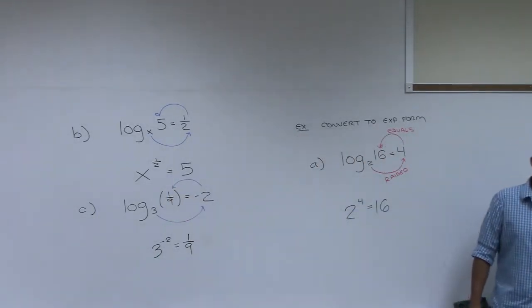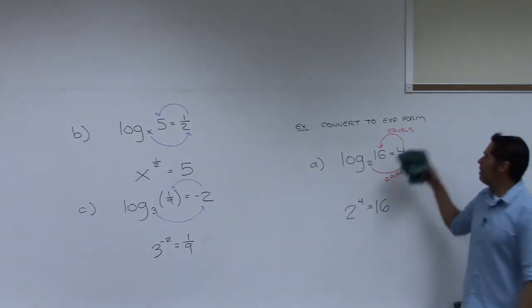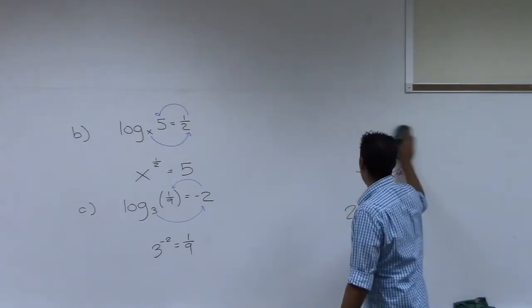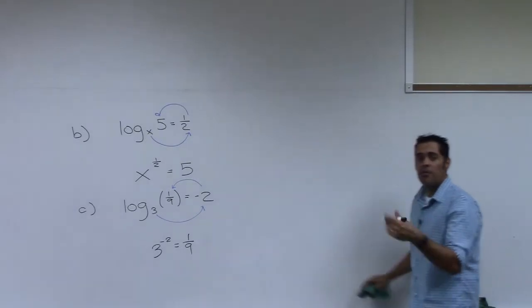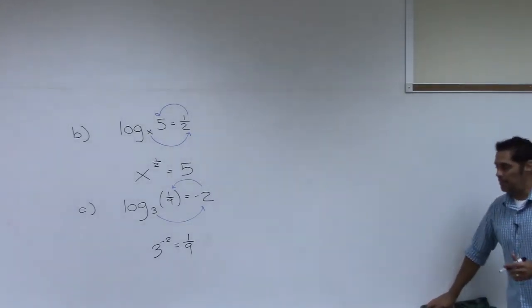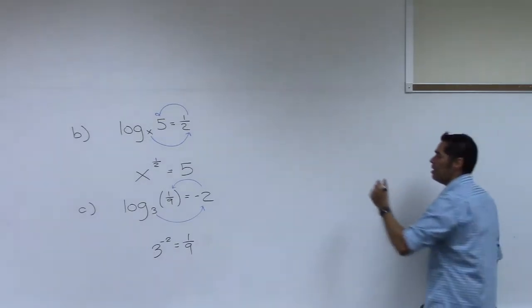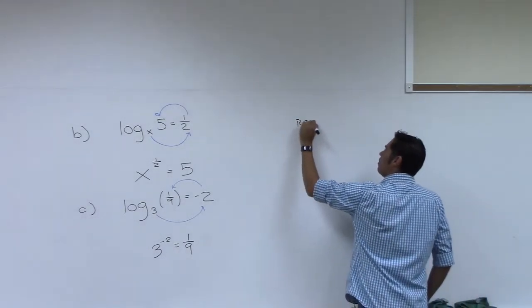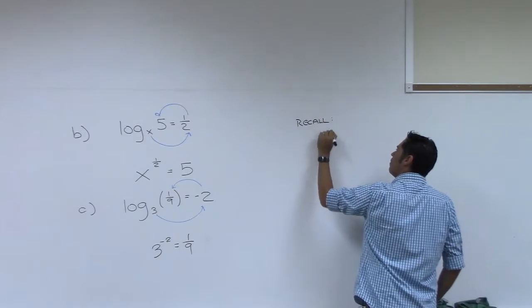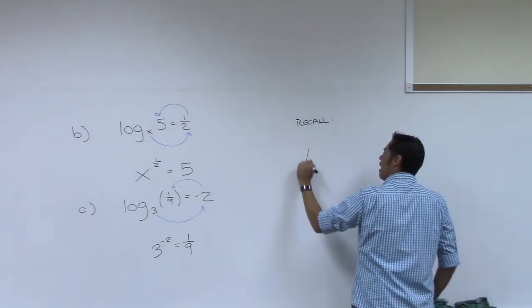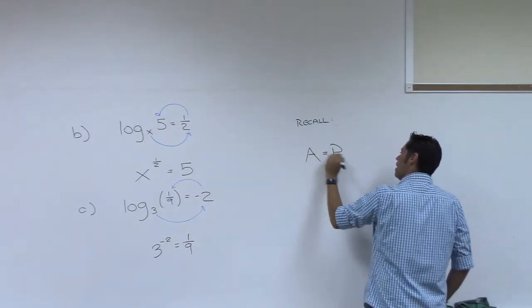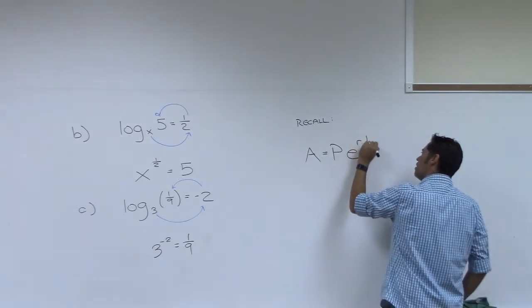Okay, this all right? Now, let me try and show you why we want to do this. Let me try and motivate this idea a little bit, because we're going to jump back into chapter 3 after we're done with this section. Recall that we had this formula A equals P e to the RT.